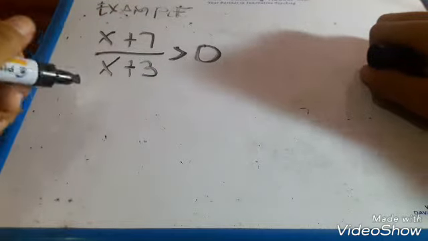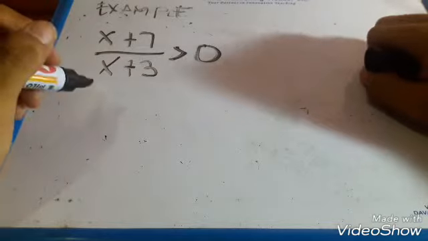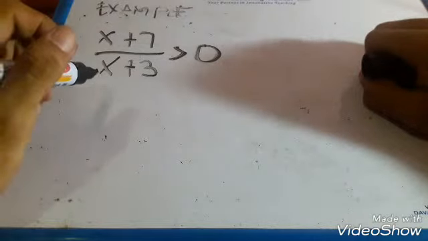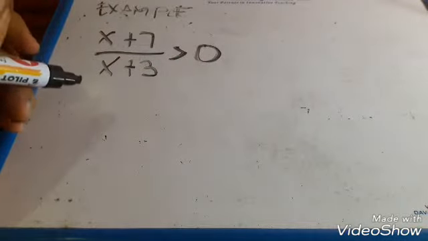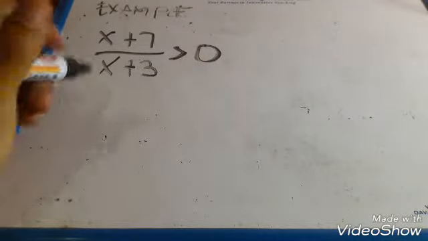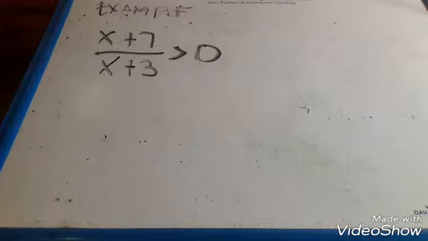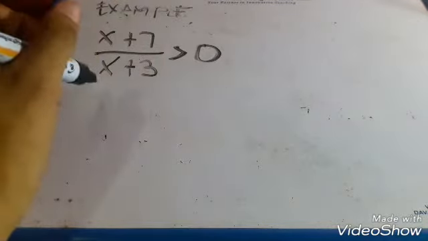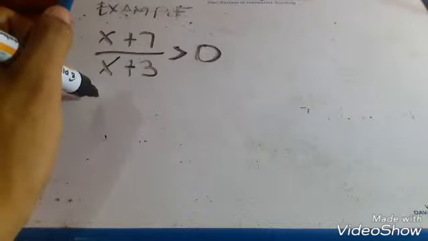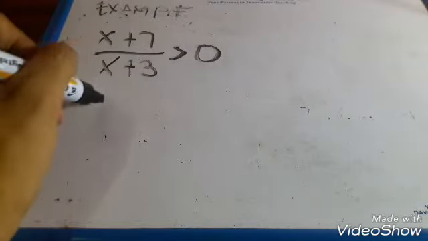So we will now proceed to the second step on how to solve rational inequalities. The second step is to find the zeros of the numerator and denominator. So easy. We will now find the zeros of the numerator and denominator using this.